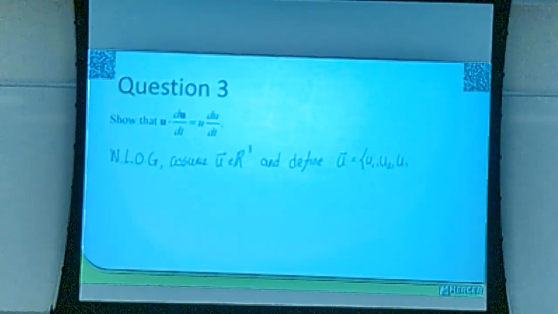Assume that u is in R3 and define it to be u1, u2, u3.